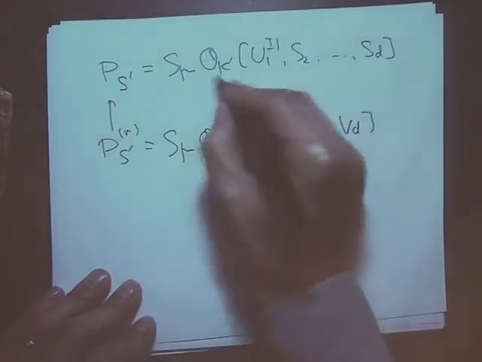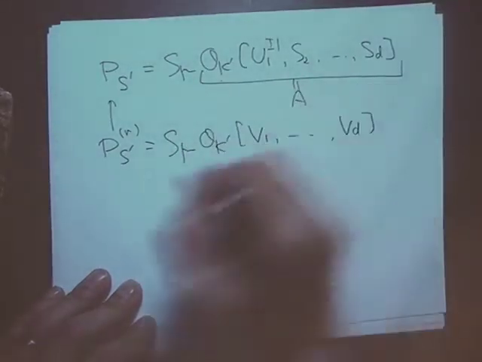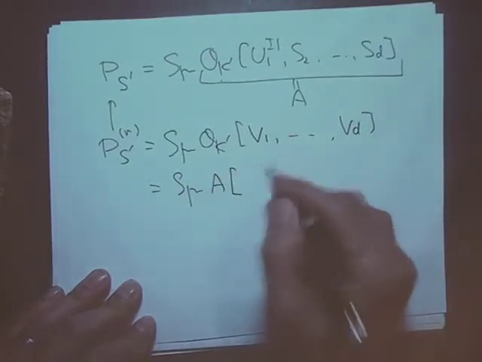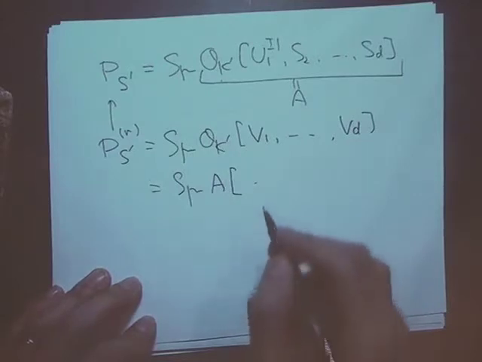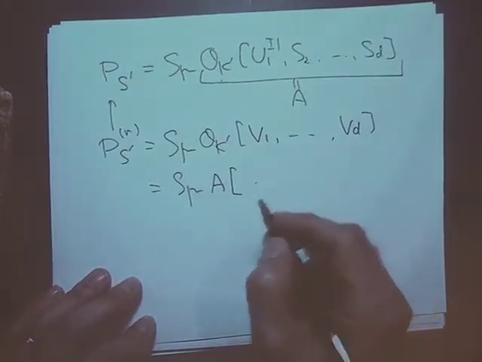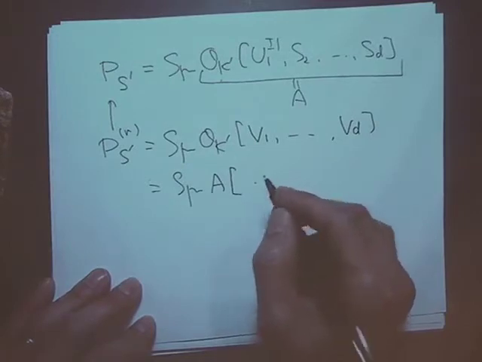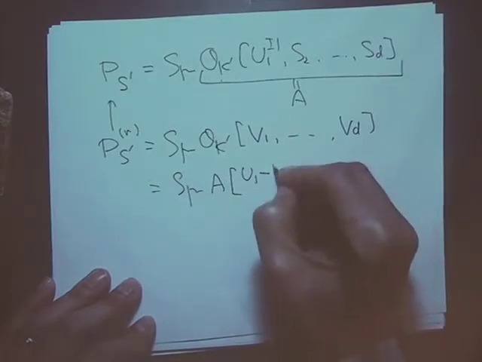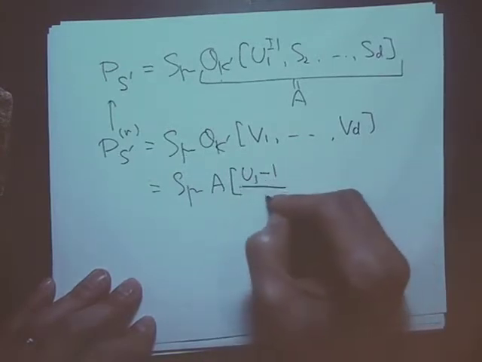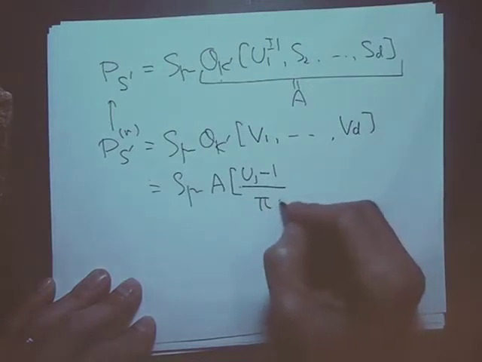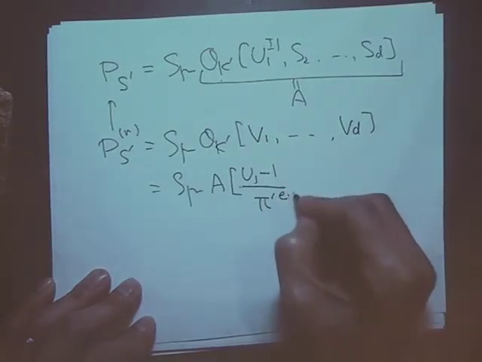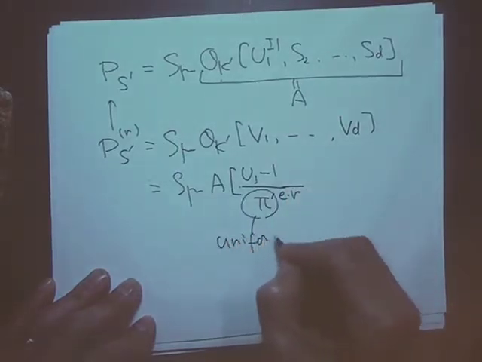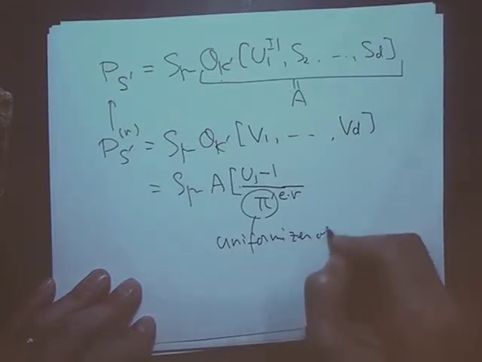Well, in other words, let me call this algebra A. This is Spec of A, but blow up means that we introduce some fractions. So the first one is u: you subtract one and divide by this pi prime to the e to the r, where pi prime is a uniformizer of O_K prime.